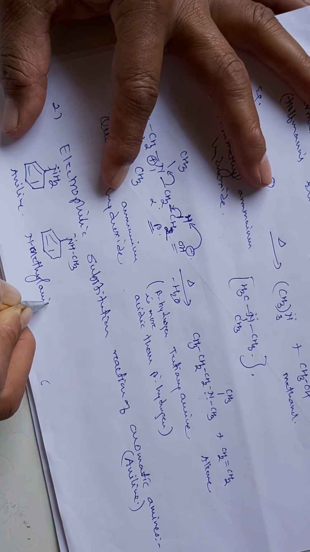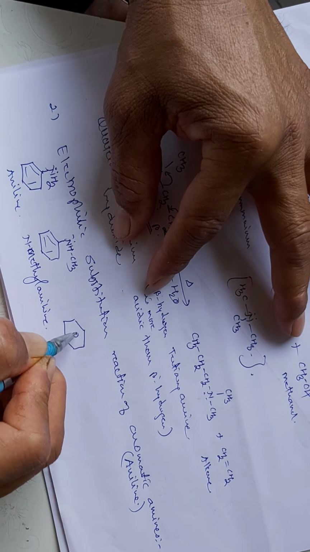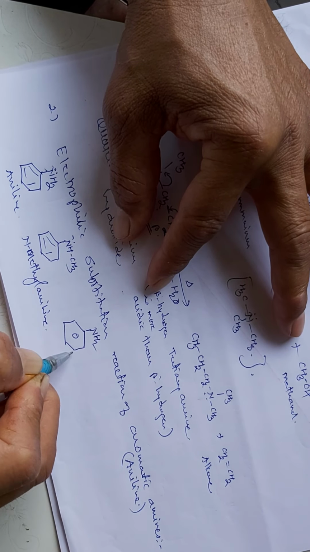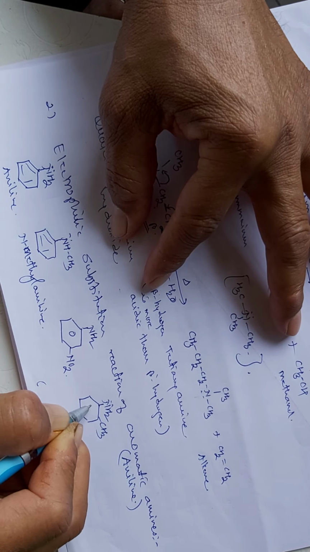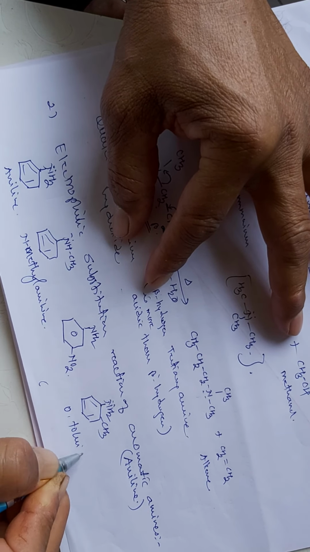This is one of the derivatives. Another derivative is meta-nitroaniline. Then orthotoluidine, that is 2-methyl aniline. Here it is 3-nitroaniline, or meta-nitroaniline. So these are the different derivatives of aniline.